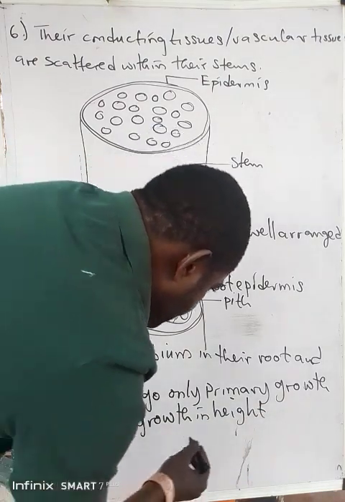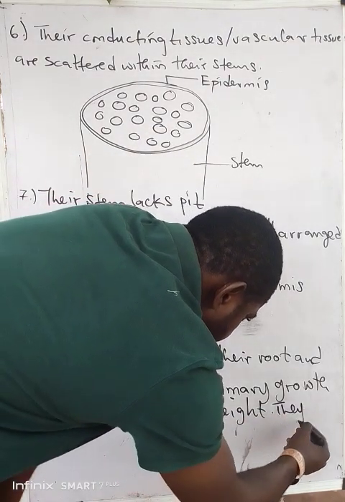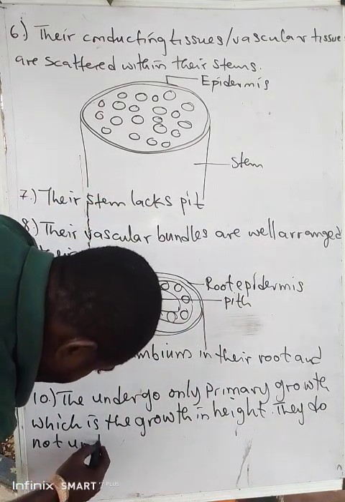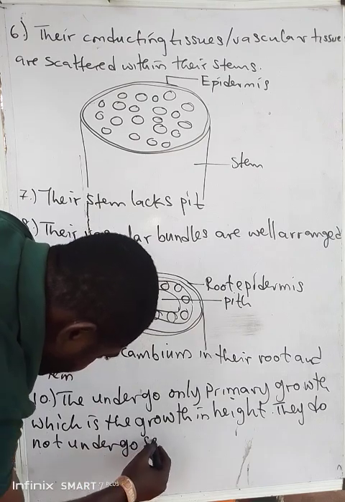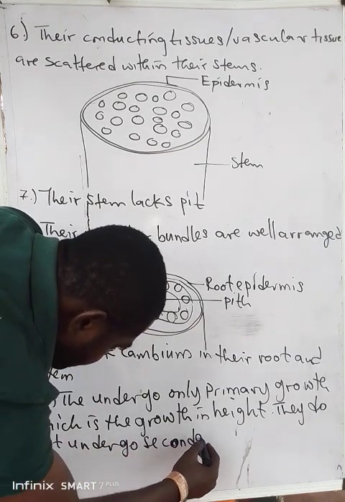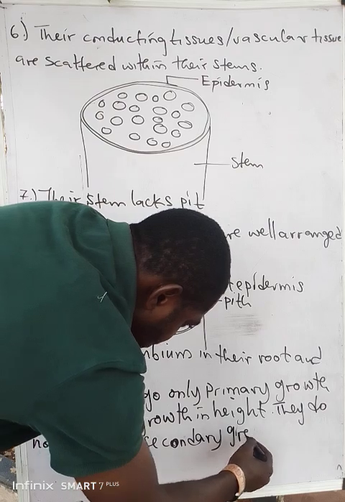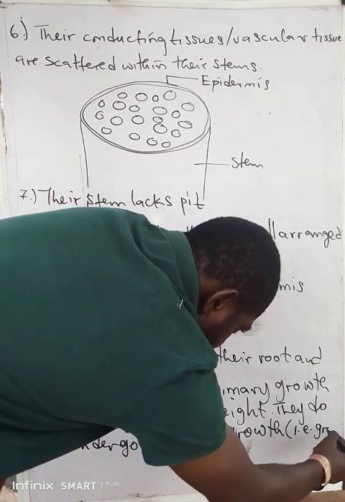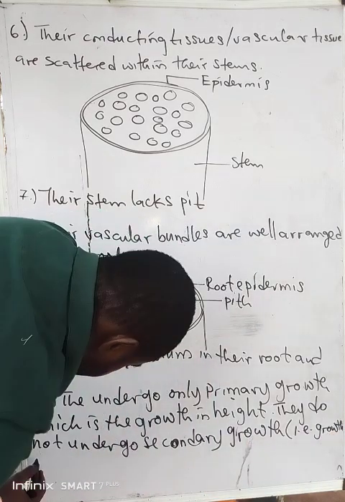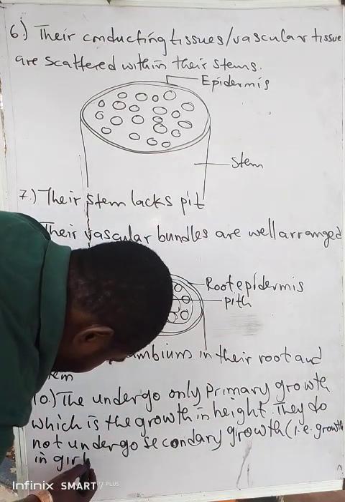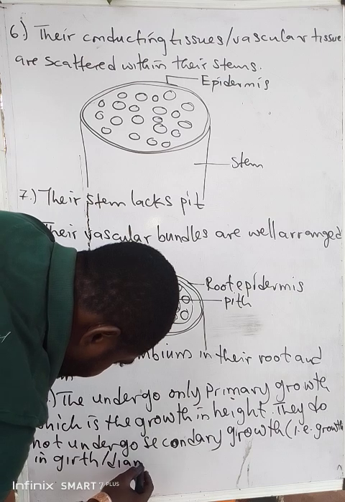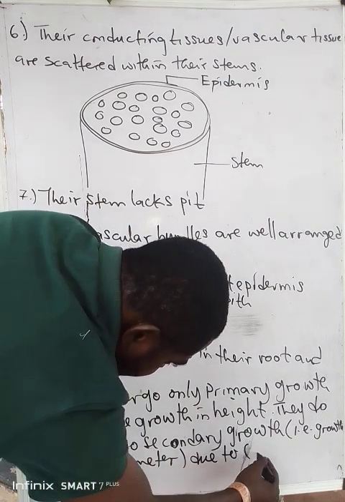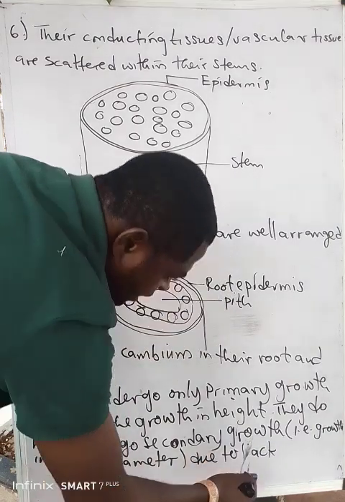So they do not undergo secondary growth. What is secondary growth? That is growth in diameter due to cambium.